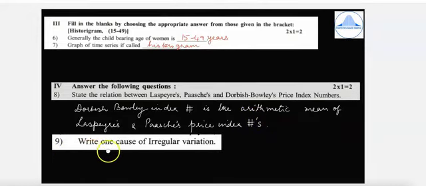The ninth one, write one cause of irregular variation. So the answer can be any one of the following.